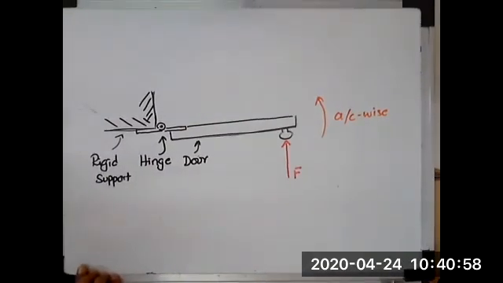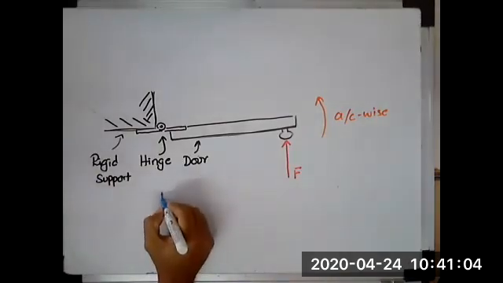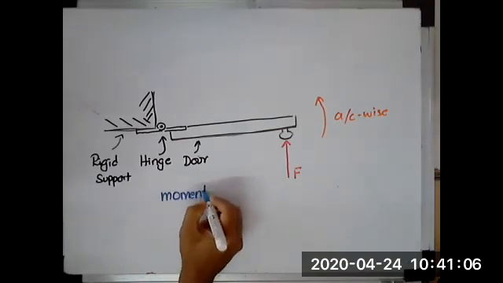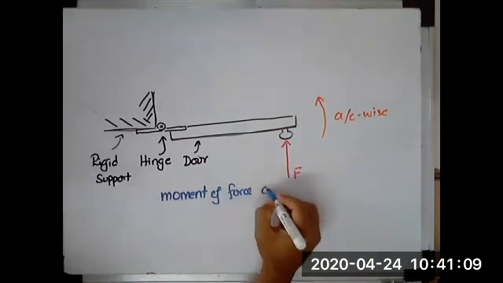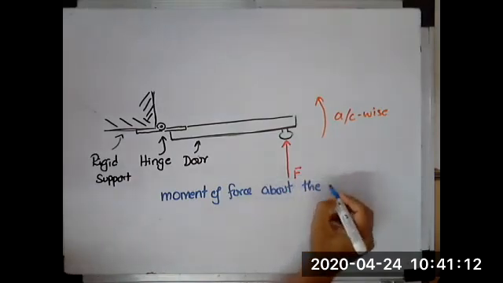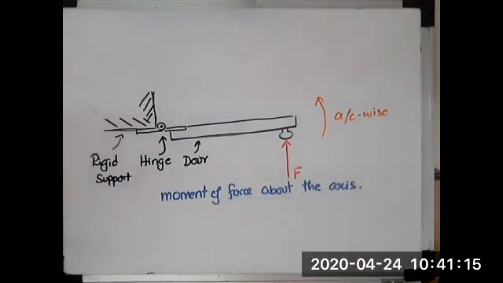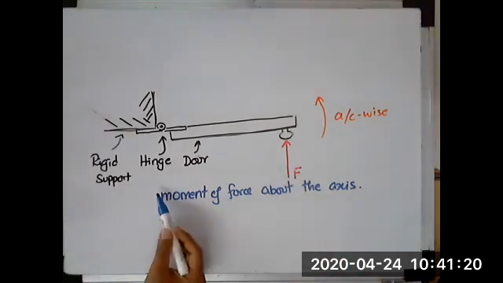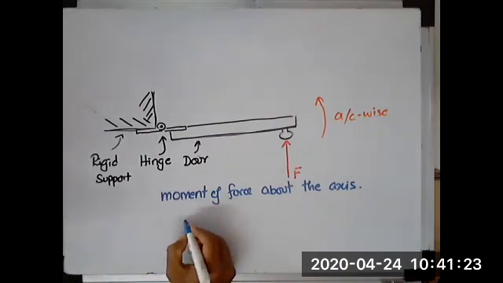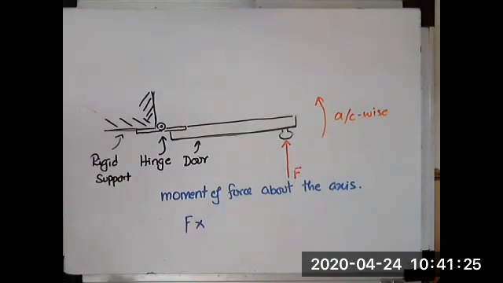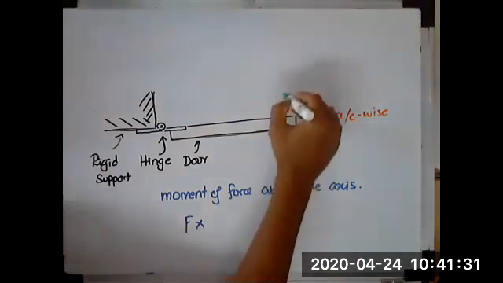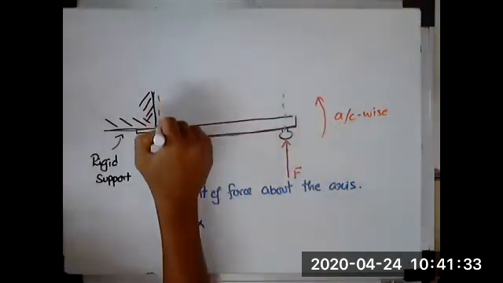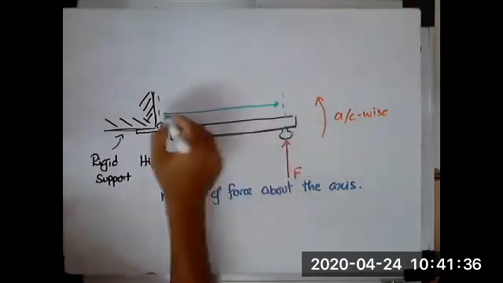And therefore, you can say that the moment of force about the axis, this is just the terminology that they use, is the force multiplied by the distance to the axis, F multiplied by this distance between these two.